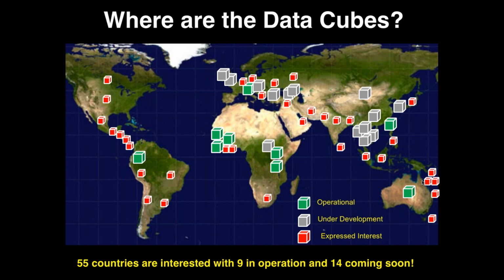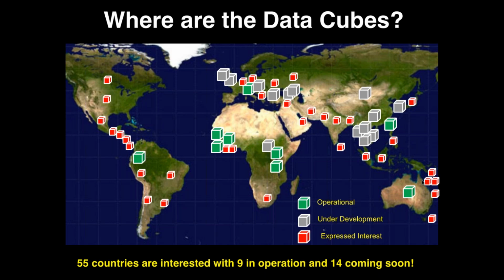We've got 14 more under development that'll be operational soon. So things are moving quite rapidly, and we have a significant amount of interest around the world, so it's exciting to see. Exciting to know that you're also on the cutting edge, and the African Regional Data Cube being a prototype is teaching us an awful lot about how to best operate all of this.